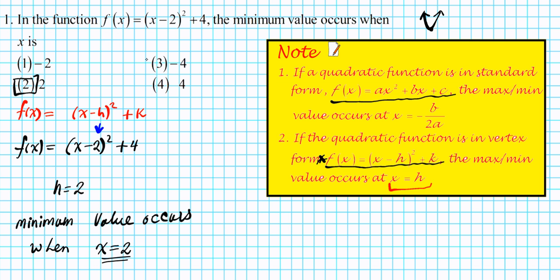So the minimum value is 4, and it occurs at x equals 2. That is basically the coordinate of the vertex. The vertex of this parabolic function has coordinates (2, 4). The value is 4 and it occurs at x equals 2.